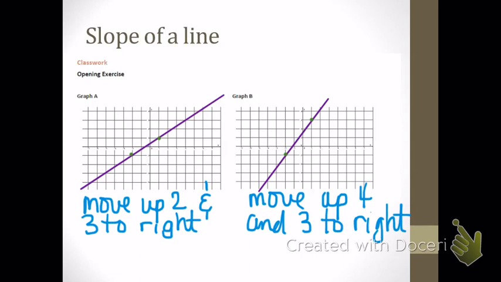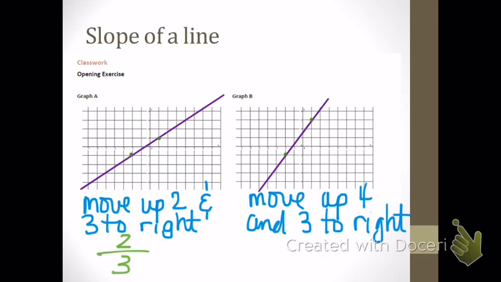Okay, and so then in part C, I'm asked to write these directions as ratios. So I'm going to write it as the amount that I move up or down compared to the amount that I have to move over. So in this case of graph A, I moved up 2, so the ratio would be 2 units up to 3 units over.